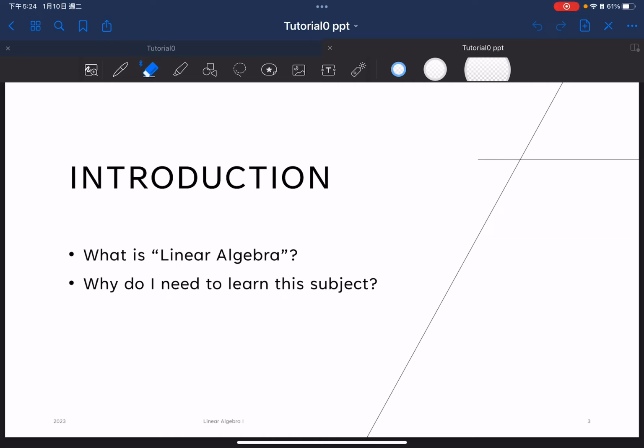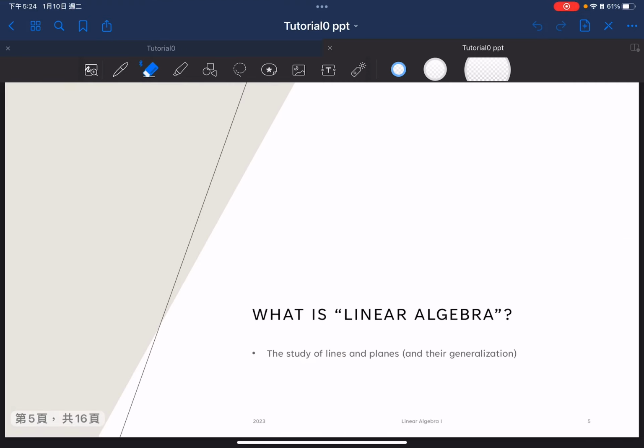After you go into this course, you will have a bunch of equations to solve and a lot of other things, but in general, why? That's a pressing problem. And finally, I would like to address how we can learn this subject. So to start with, what is linear algebra?